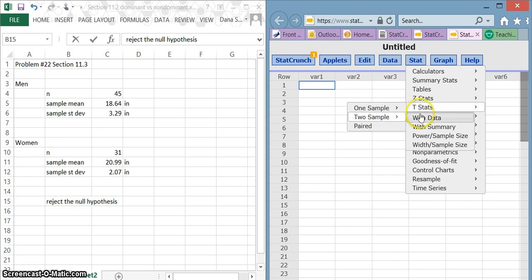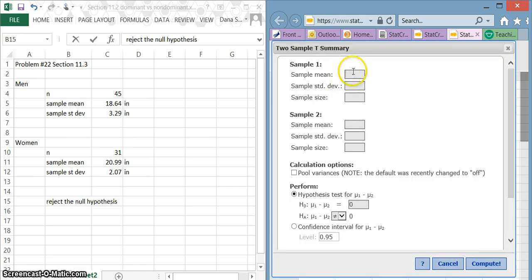So to two sample with summary, and we're going to take our sample mean, 18.64, the sample standard deviation, 3.29, and the 45 men.